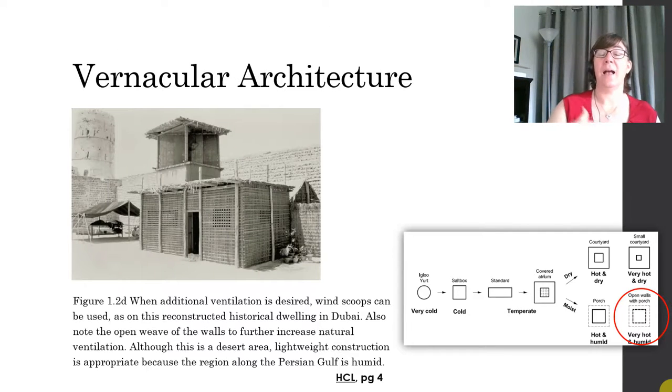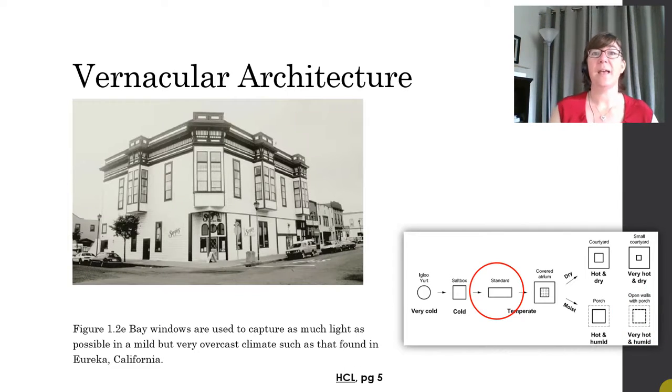Here's a similar climactic need, a very hot and humid climate, but a different vernacular because it's in a different place. And so we see wind scoops on this building in Dubai. And we've got some lightweight construction to address the humid climate. Moving to a temperate climate.